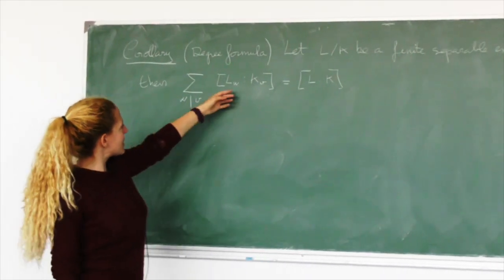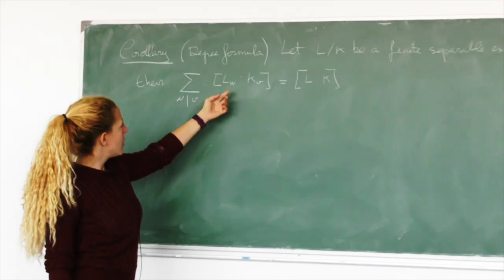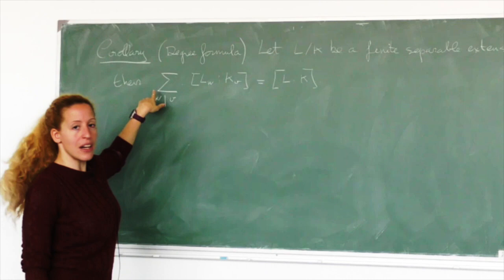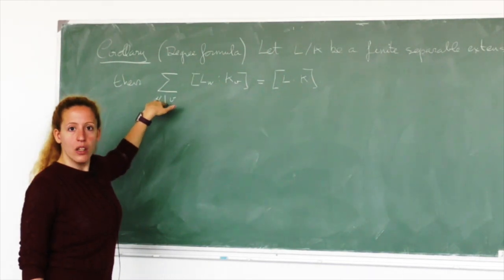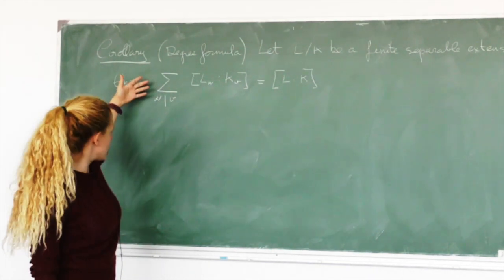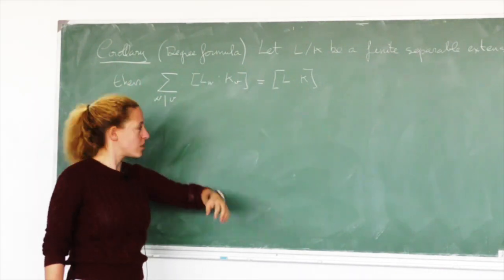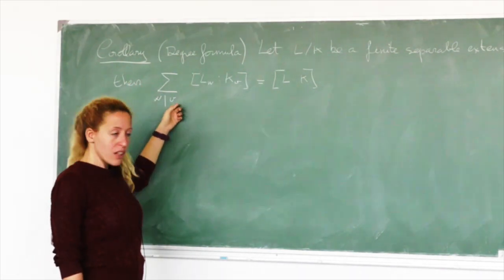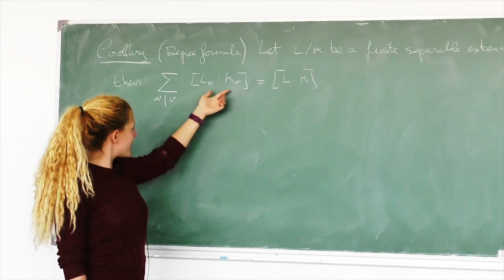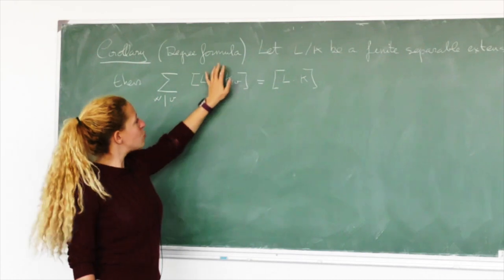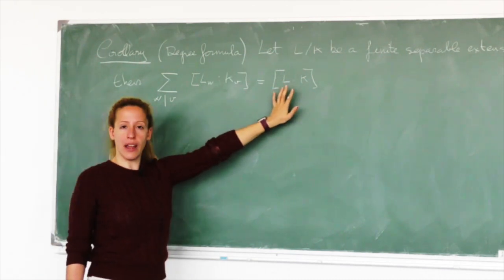And I can see in how many different ways I can extend V. So those are the W. Those are all the valuations in L that reduce to V. And then I know that the sum of these degrees, those are finite extensions, actually equals the degree of L over K.